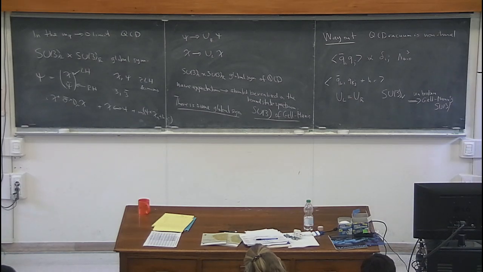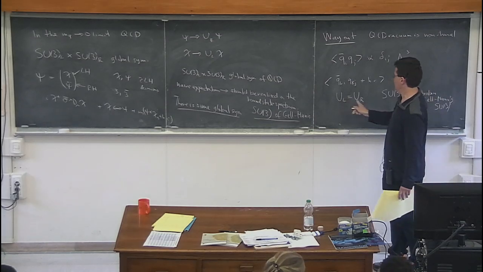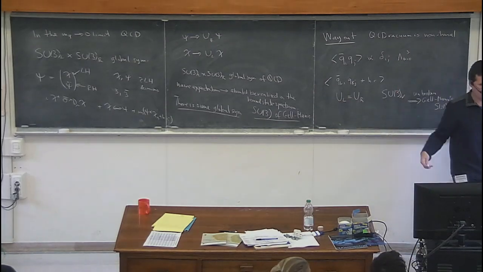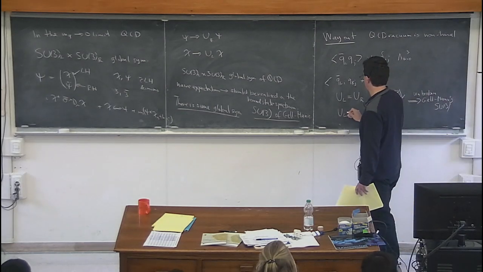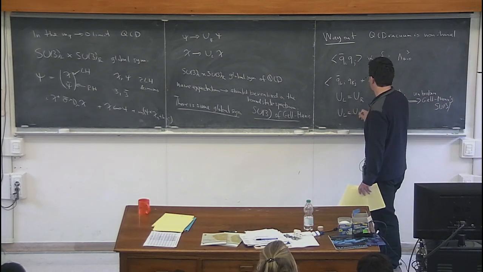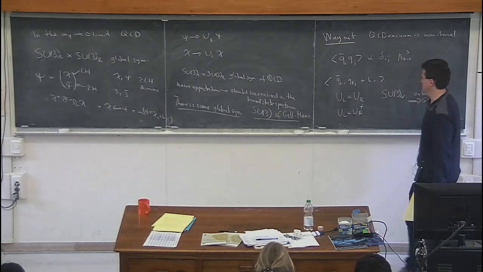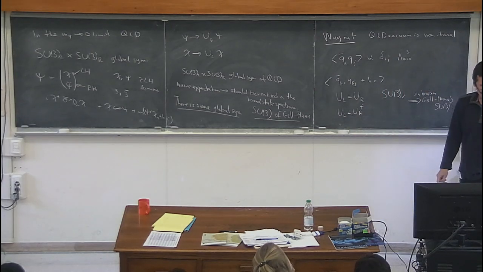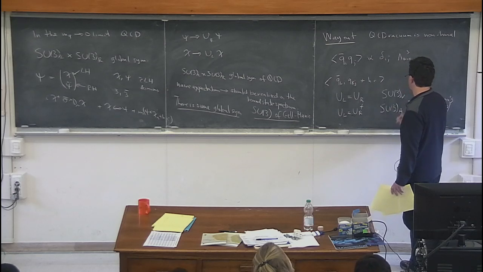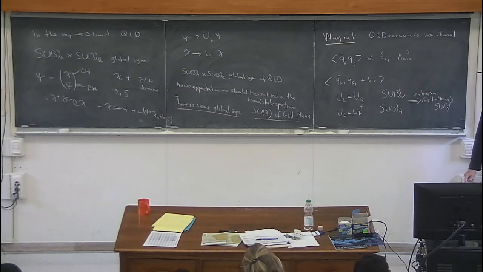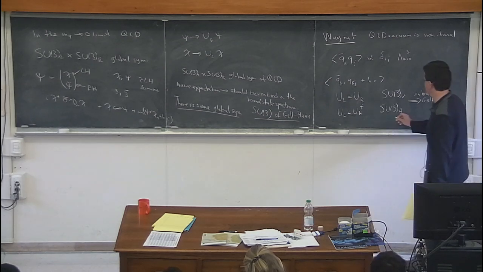But the other combination, where left is not equal to right, but one of them is equal to the dagger of the other, so U left equals U right dagger, is what is called the axial combination, SU3 axial. This is the one that is spontaneously broken in the QCD vacuum.